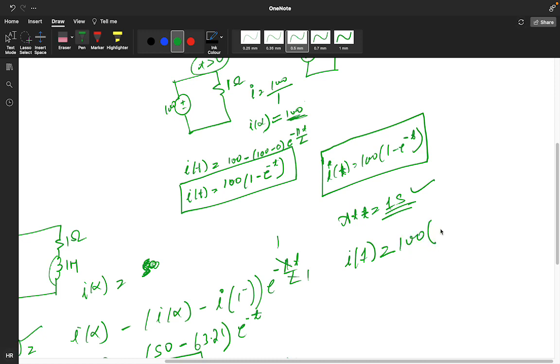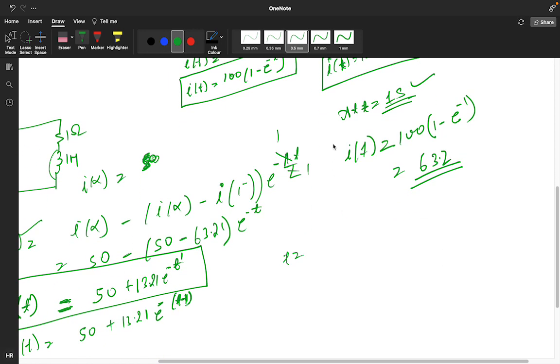I will get 1 minus e power minus 1, that is 63.2. This I of 1 is what you are seeing for 1 second later.